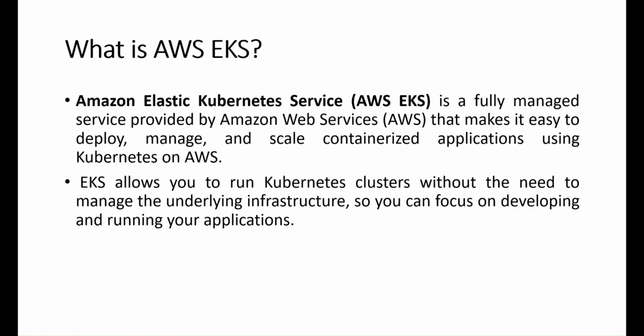It's a service from AWS that makes it easier to run Kubernetes without having to set up or manage the infrastructure yourself. EKS allows you to run a Kubernetes cluster without the need to manage the underlying infrastructure, so you can focus on deploying and running your applications.